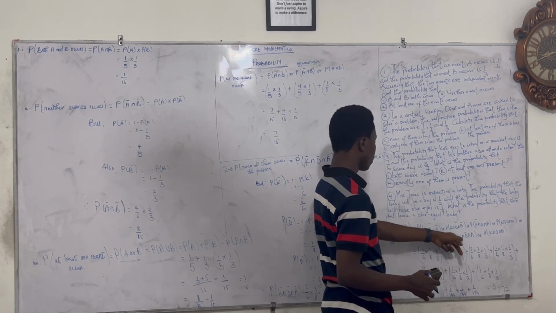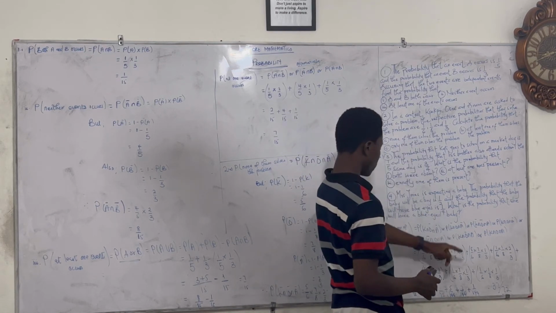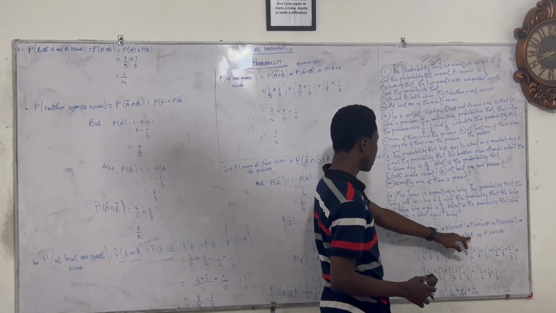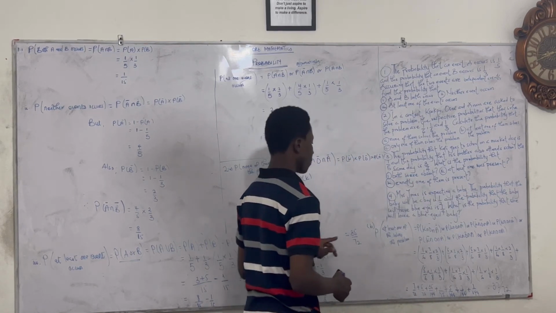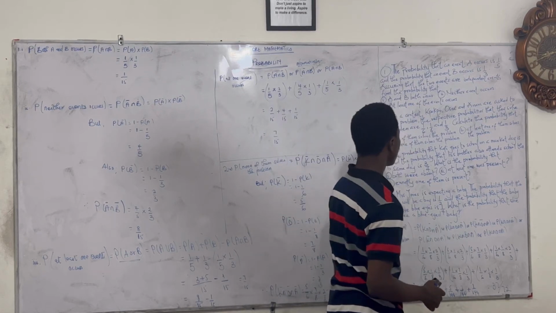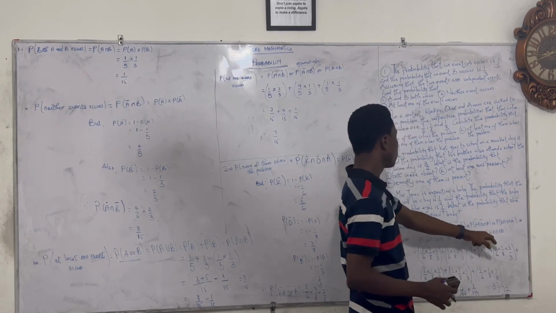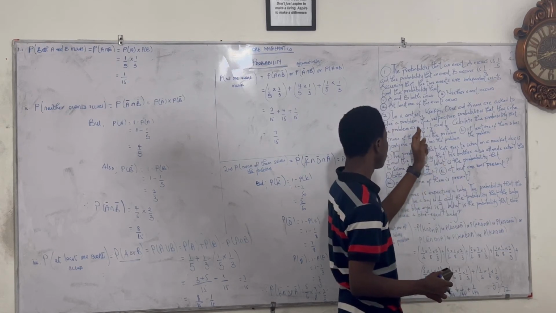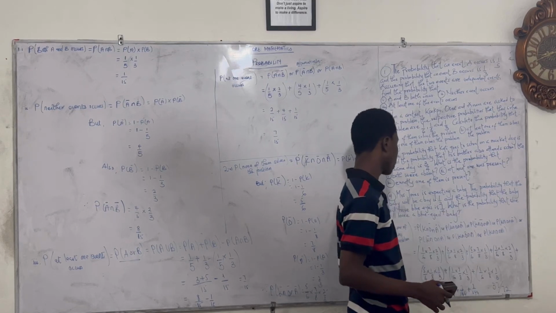Then plus the probability that Kpakpo could solve a problem is 1/6, times the probability that Osei could not solve a problem is calculated as 7/8, times the probability that Anani could solve a problem is 1/3. Then lastly plus the probability that all of them could solve a problem is given as 1/6, so you multiply that by 1/8 times 1/3.